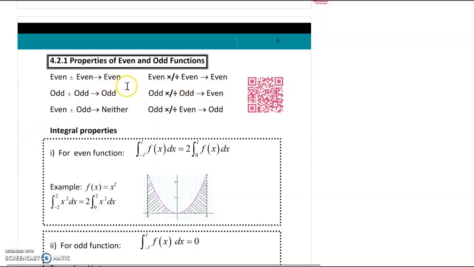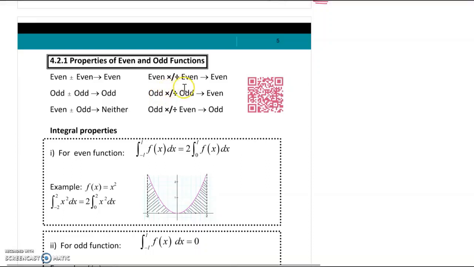For this one, I'll show you a simple illustration to see the truth of this. How do we simulate it? What does it mean that odd times odd will be even? In terms of graphs, individually, if the first function is odd, it is symmetric about the origin.